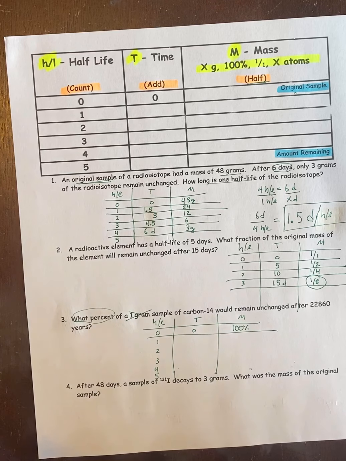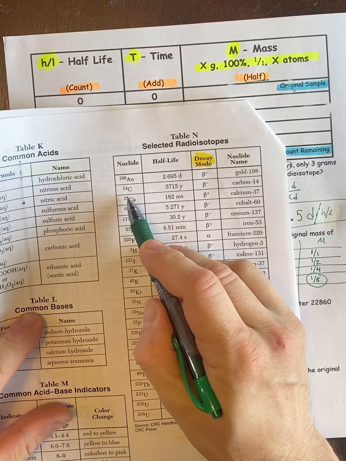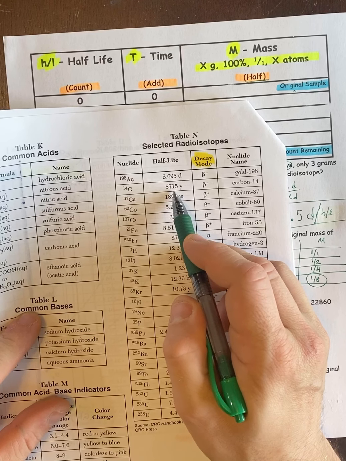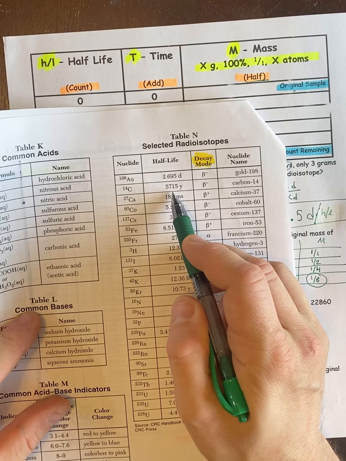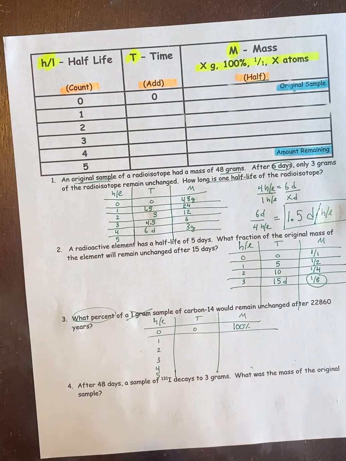We are going to need to use table N for this problem because we don't know the half-life of carbon-14. So we go to table N, we go to carbon-14, it's the second one down, and it's 5,715 years, or depending on your reference table, I think the new ones maybe say 5,730 years, so whether yours says 30 or 15, it really won't make a difference.